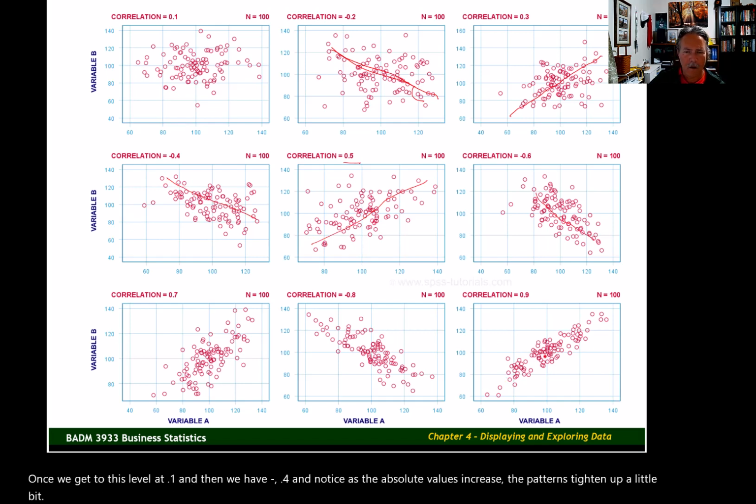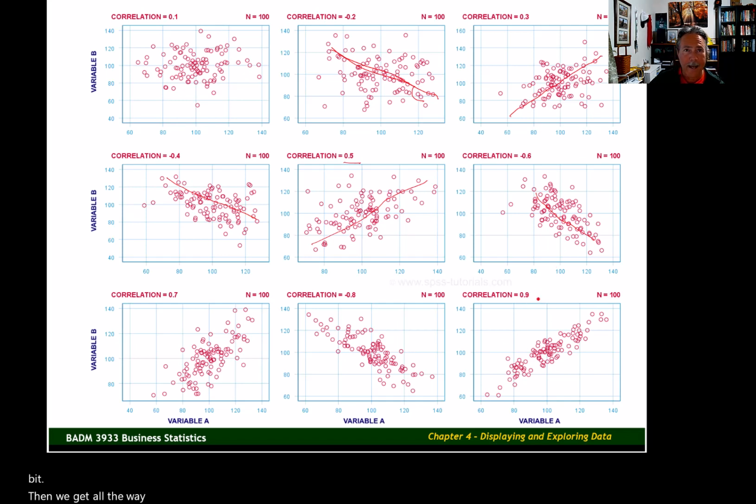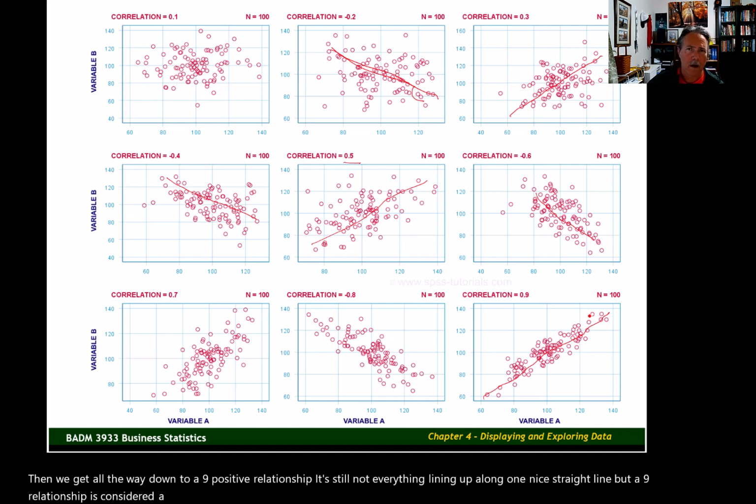And then we get all the way down to a 0.9 positive relationship. It's still not everything lining up along one nice straight line, but a 0.9 relationship is considered a very strong bivariate correlation between the two variables.